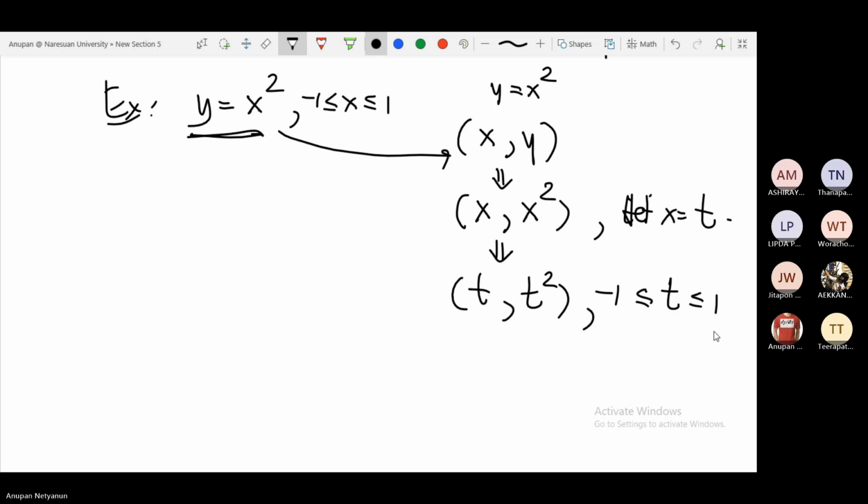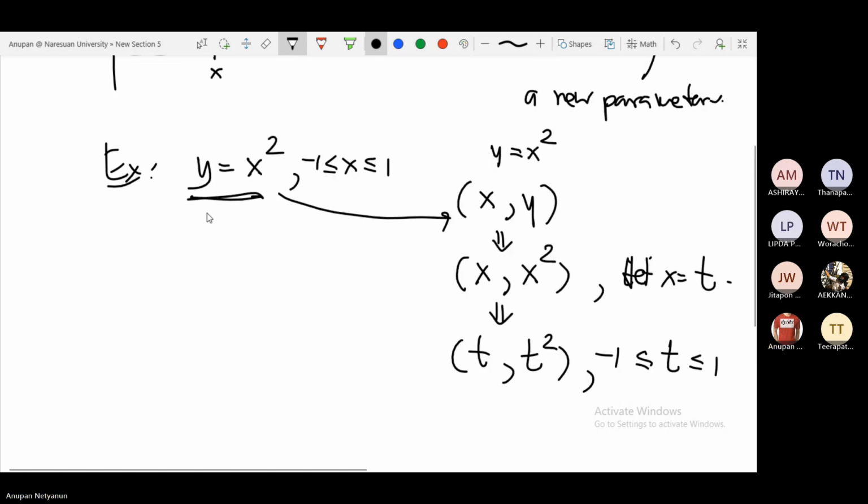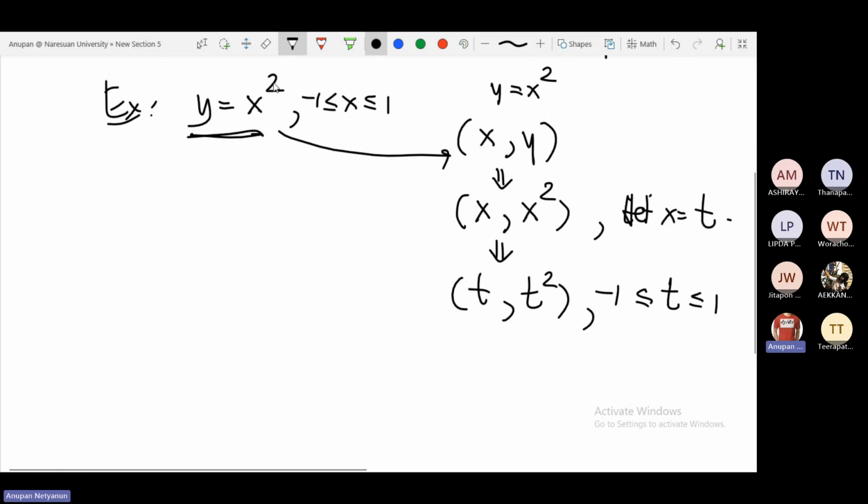Now, over here, I'm looking at this function or x and y as a point. Over here, I'm looking at this as a vector. So you can see that over here, let me draw the picture for you, which is this.